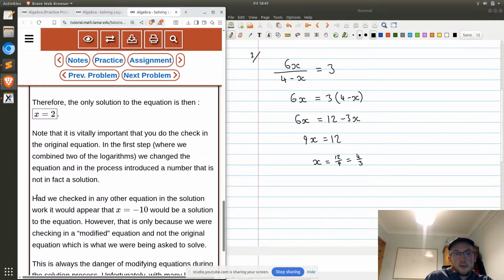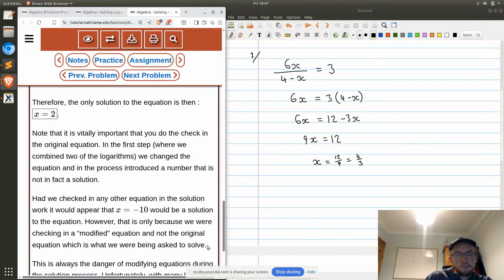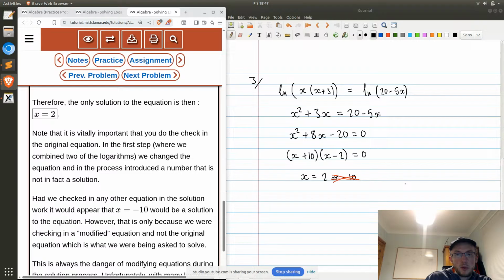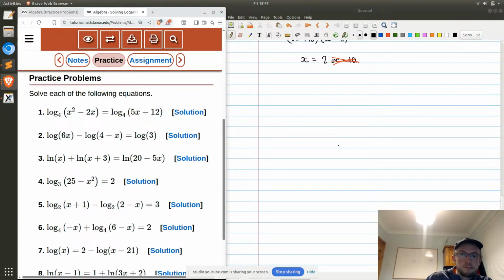And these are very important remarks here about how to think about these false solutions. Like this negative 10 here does solve that equation and that one and that one. But, and this one, in fact, even, but not the original one, which is the very equation that we're trying to solve. Okay.